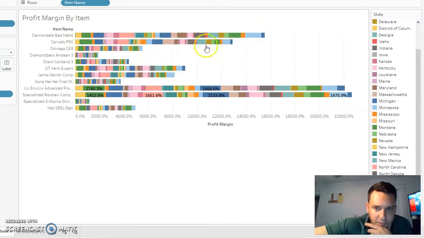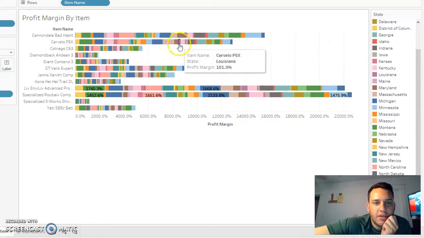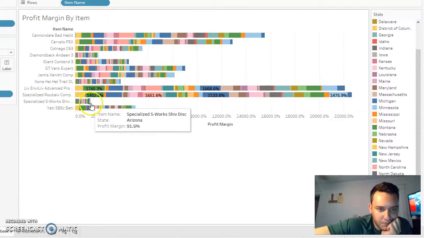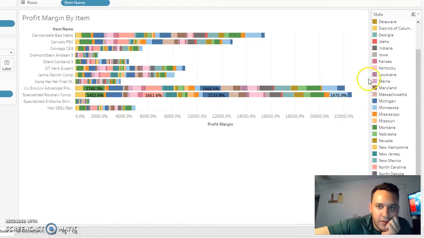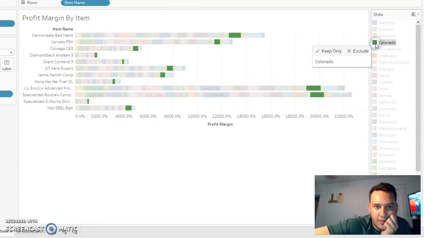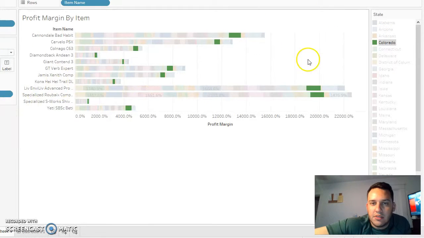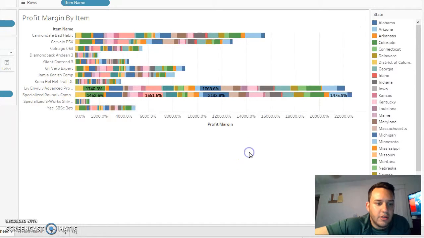It also shows you very quickly which items sell the most and which don't. I thought that one was really neat. You could come here on the side, pick out whatever state you're interested in, and quickly see it. I thought this was a really cool visual.